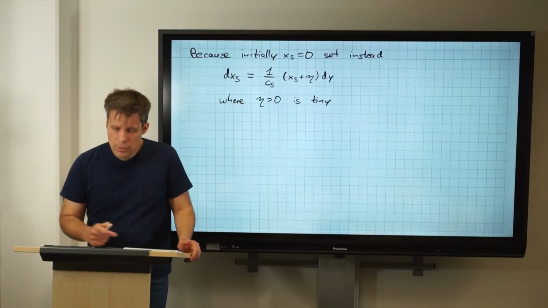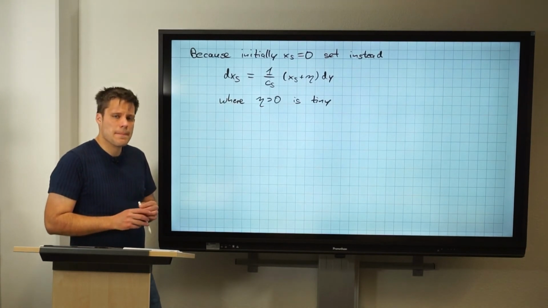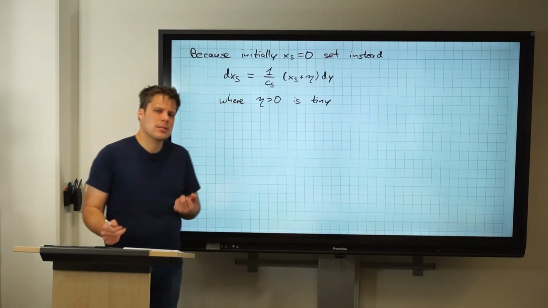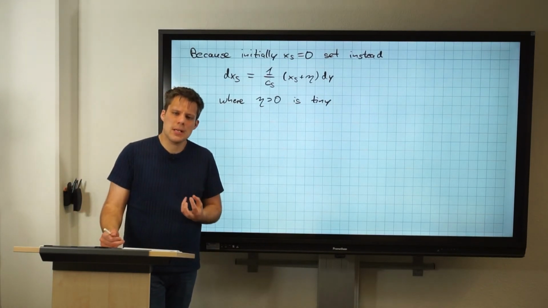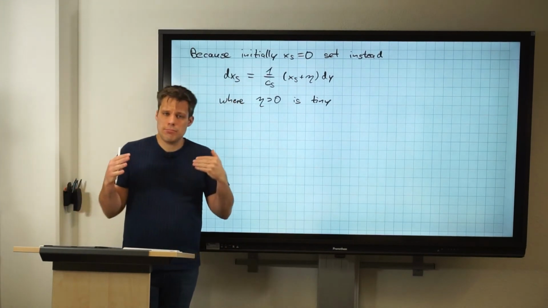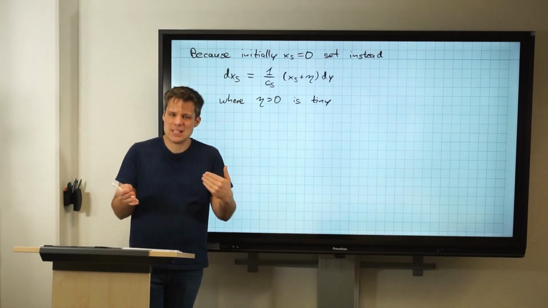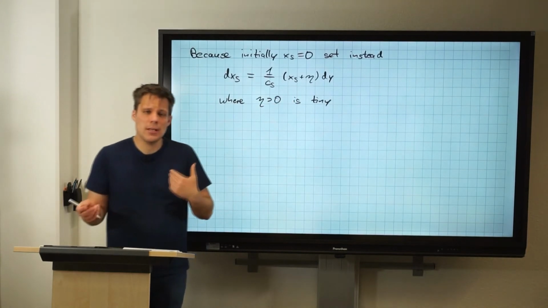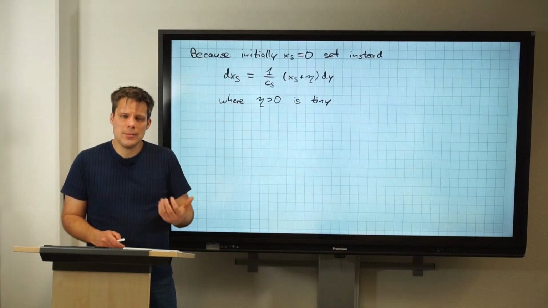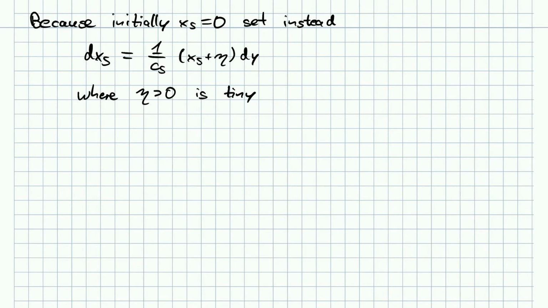If you look at this, you'll see this is actually just a differential equation. One way to do this more precisely is to take the limit of this increase in y going to 0, and then we get the derivative of by how much we should increase xs.